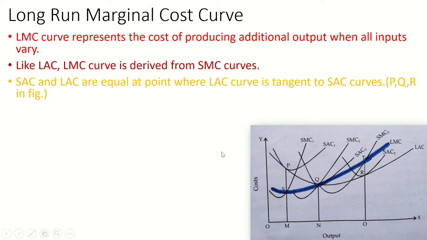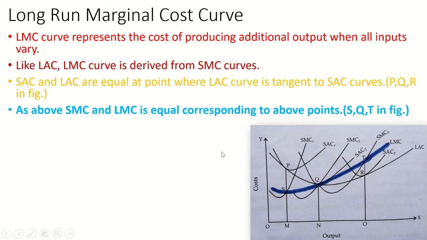Okay, so that is another finding, and we see that SMC and LMC are equal corresponding to the above points. Corresponding to P, we can see that SMC1 and LMC are equal.